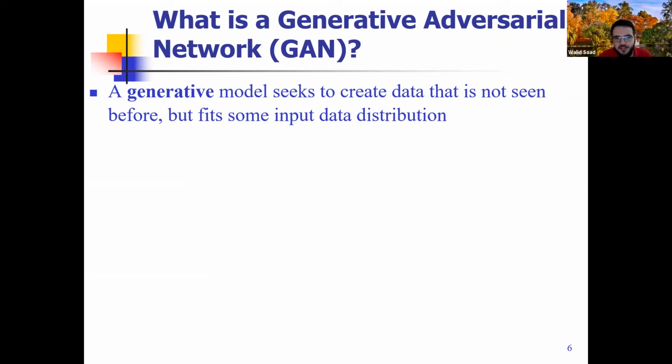The reason it's adversarial is that in a GAN, usually you have a generator and a discriminator. The generator is trying to generate data samples to fool the discriminator, and the discriminator, as the name implies, is trying to guess whether this is a real sample or a generated sample. And this actually gives rise to a zero-sum game, which is why it's adversarial.